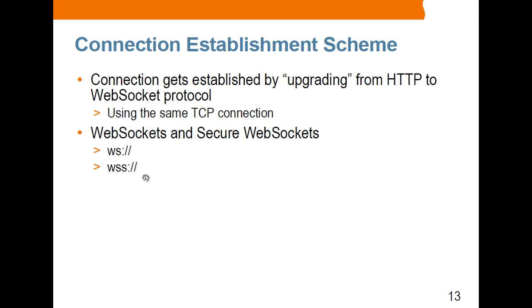In fact, the protocols of WebSockets and secure WebSockets start with WS:// and WSS://. So in your client application, when the WebSocket client needs to communicate with the WebSocket server, this WS or WSS address will be used.